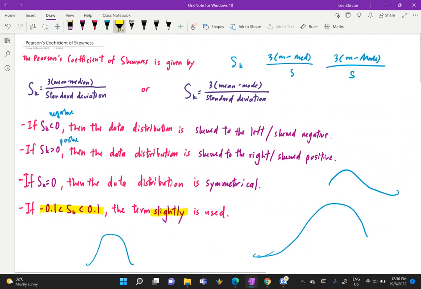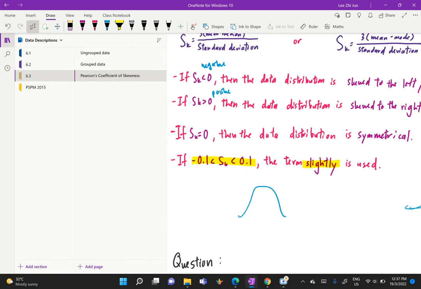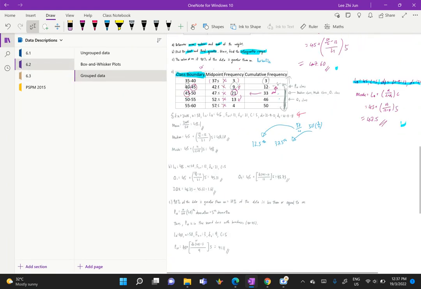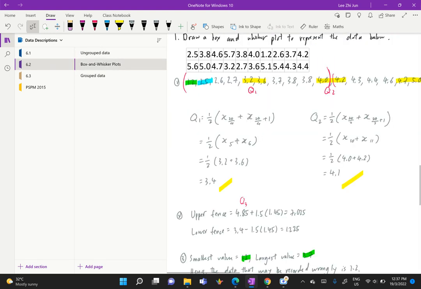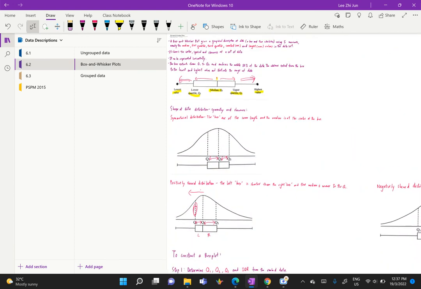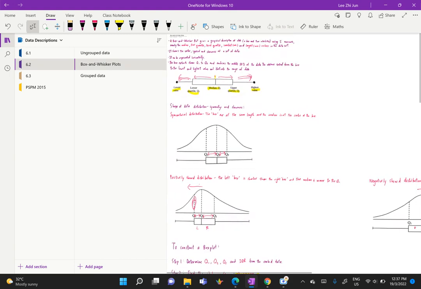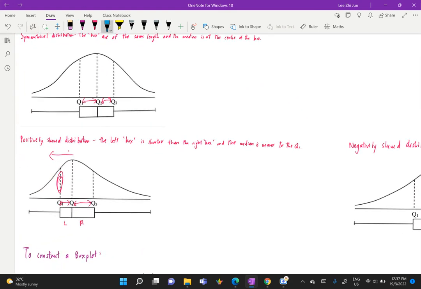If Sk is greater than 0, it is positively skewed.